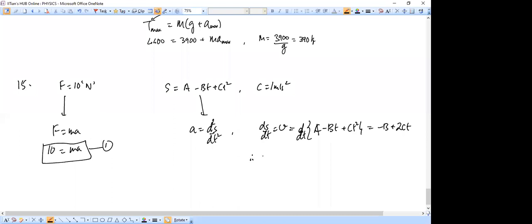Therefore, d2s by dt square, which is nothing but the rate of change of velocity or acceleration, will just become the differentiation of this term. Very basic stuff. So the acceleration you can see will become twice of c.